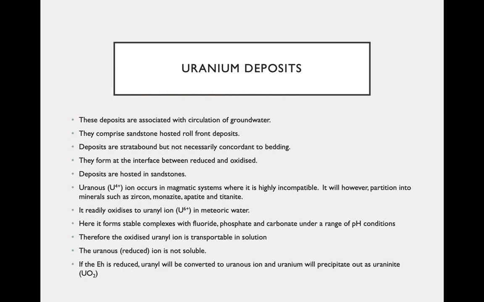The uranous reduced iron is not stable. So if we change the redox state, uranium 6 plus will be converted to uranous iron and uranium as uraninite, so uranium oxide. So that's the key. If we can reduce the system, we can precipitate uranium as uranium oxide, uraninite, also referred to as pitchblende.